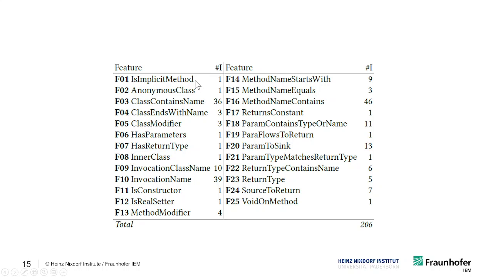But when we have multiple, it makes more sense when the feature is generic with a generic type. Like here, feature 3 is class name contains, and then we have many different keywords that are defined, and each keyword here would be a separate instance of this feature. So in the entire SWAN pipeline, we have in total 206 feature instances, okay, and only 25 feature types.